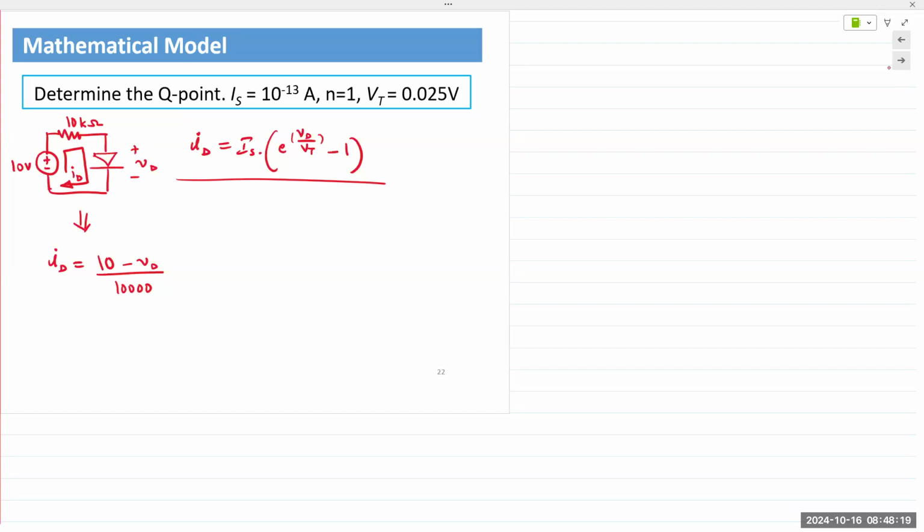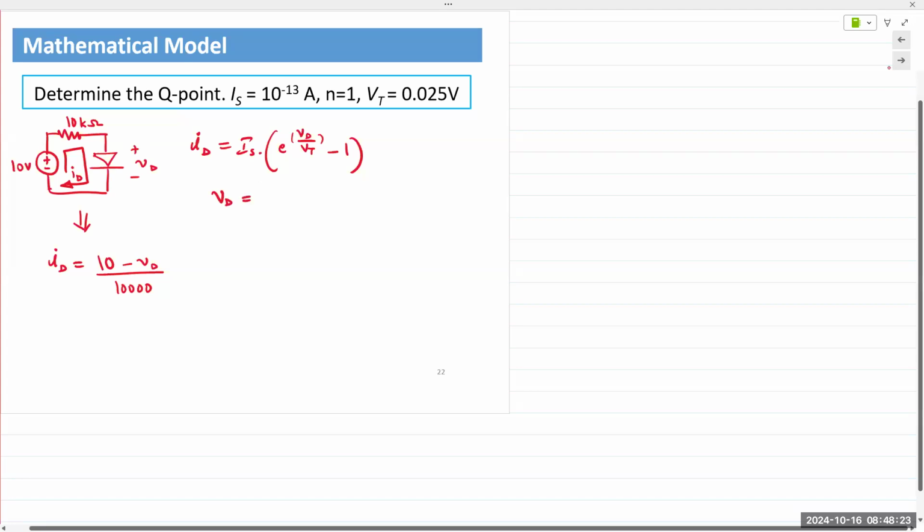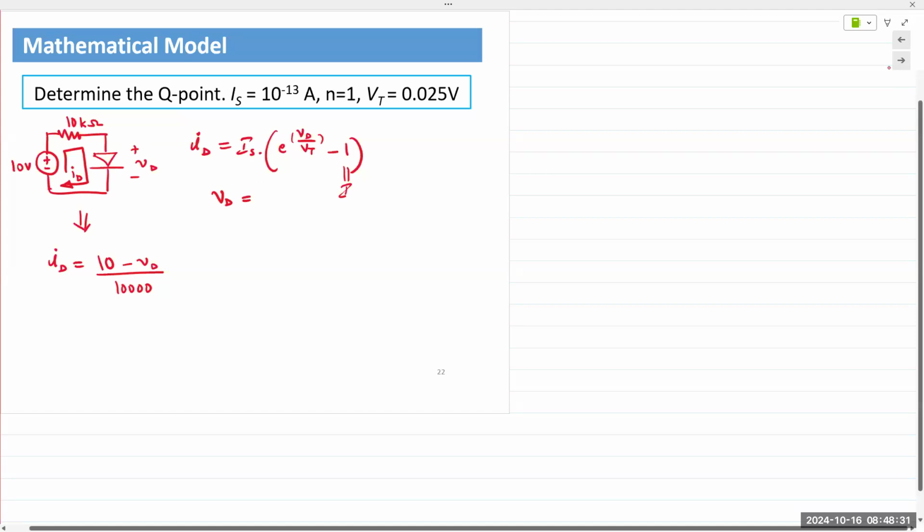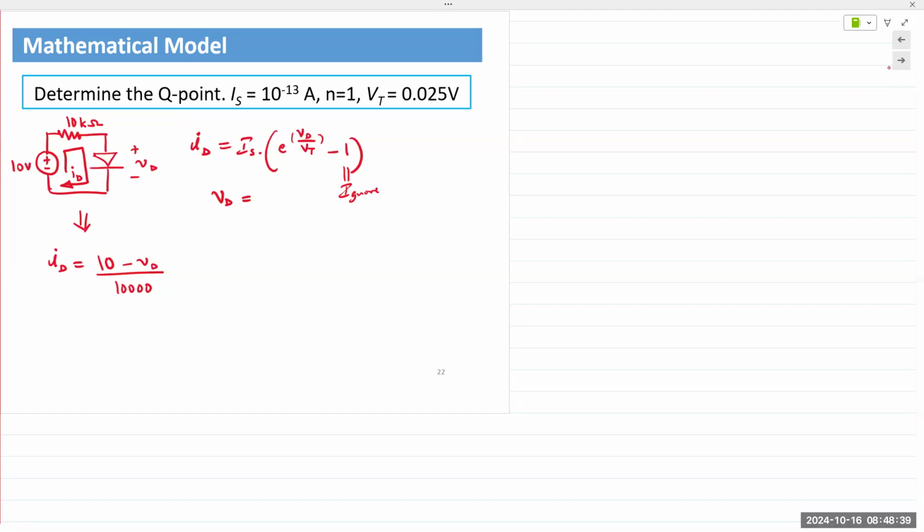And then, of course, here I can write VD. I will get rid of the 1 right here, we'll ignore it, because the value of that 1 is going to be negligible compared to the diode voltage or the other quantities in there.